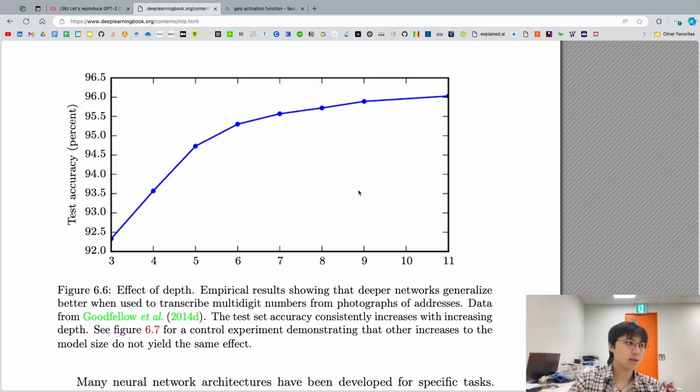Basically they are saying that as we increase the number of layers or units in the architecture, overall accuracy increases and overall error decreases. That's all about architecture design in short.